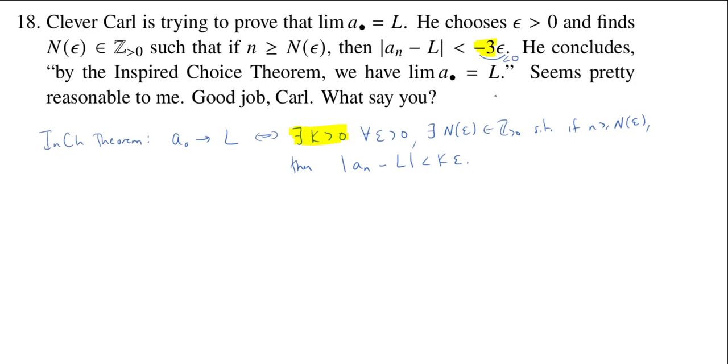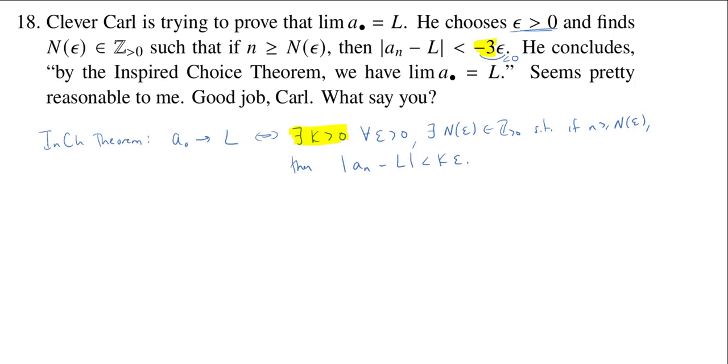A lot of people wrote down that this gives us a negative epsilon. I think I know what you're trying to say, but epsilon is still positive, and the product with negative 3 is not. If I have a negative number here, there's no way I get an absolute value less than it, because absolute values are always non-negative. So unfortunately, Carl, surprise, surprise, is wrong again.